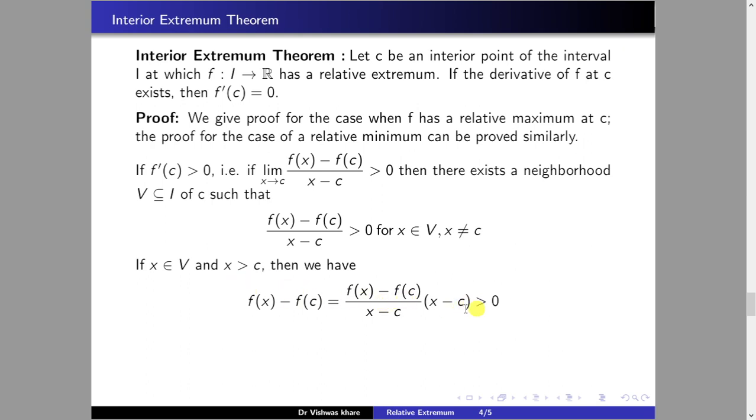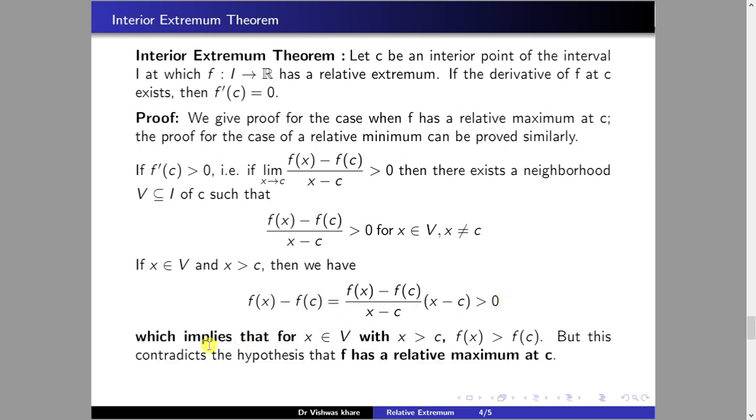So we get f(x) minus f(c) is greater than 0, which implies that for x belonging to V with x greater than c, f(x) is greater than f(c). But this contradicts the hypothesis that f has a relative maximum at c, because if f has a relative maximum at c, then in the small interval V, f(c) is the maximum value.